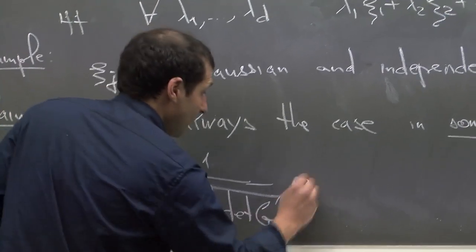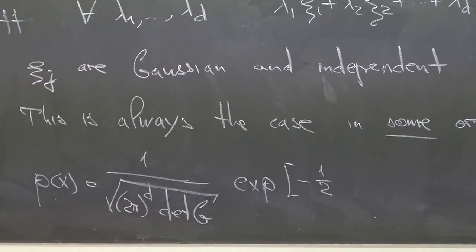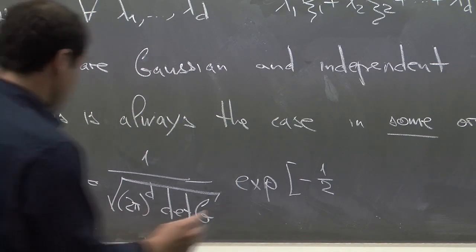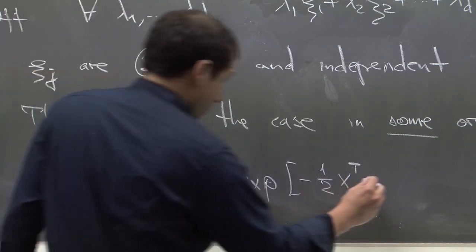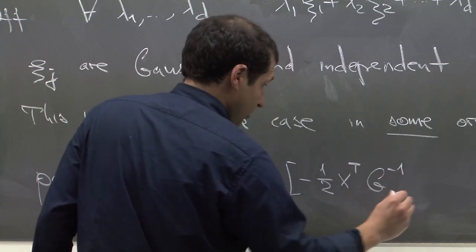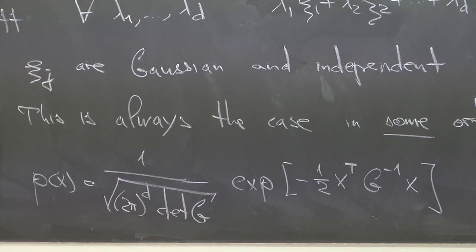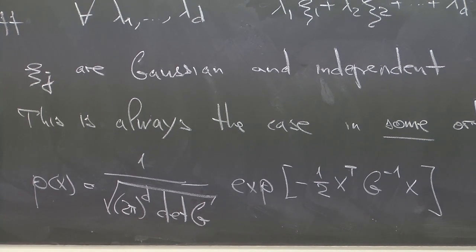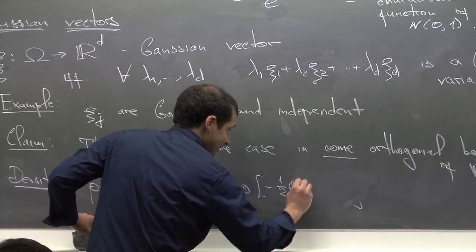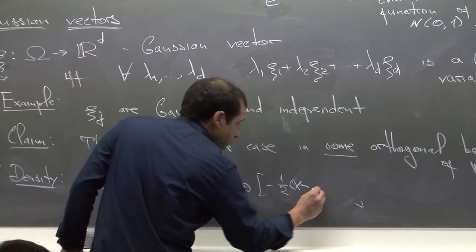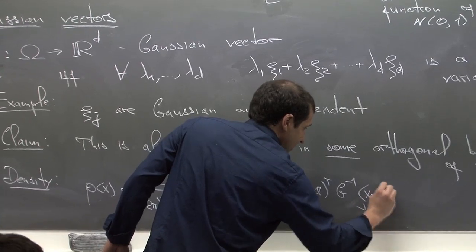And then it should be exponent minus 1/2 x transposed G^(-1) x. Yeah, sorry for this. It should be also mean value somewhere, right? (x minus a) transposed G^(-1) (x minus a).